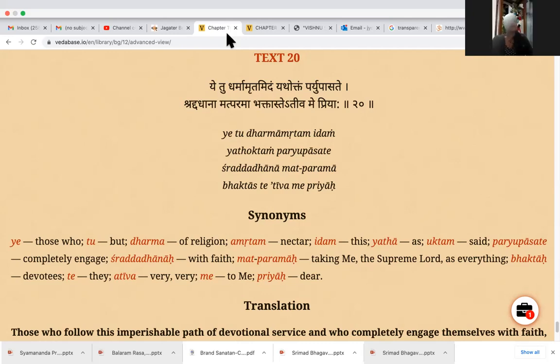Ye tu dharmamritam idam. Ye tu dharmatram idam. Yathoktam paryupasate. Yathokam paryupasate. Ye tu dharmamritam idam. Ye tu dharma amritam idam. Yathoktam paryupasate. Yathokam paryupasate.